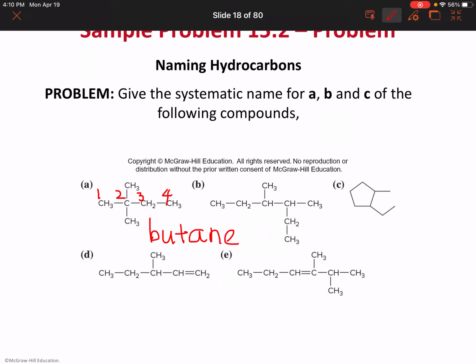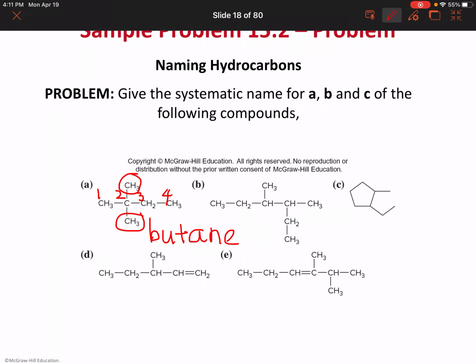And then you have 2 groups, one here, one here. So that is a methyl group. One carbon is meth. Since it's a branch, it's methyl. There is a methyl group on the second carbon. So we have to specify how many methyl groups. Since there are 2, it should be dimethyl. But where are these 2 methyl groups attached? To the second carbon.